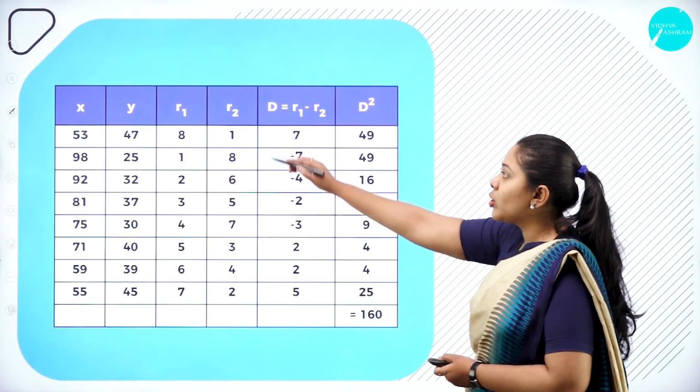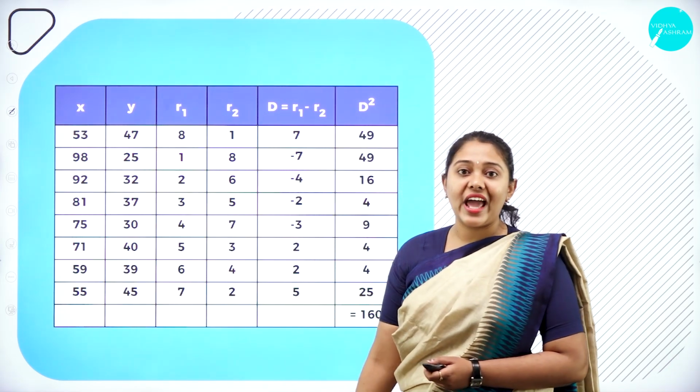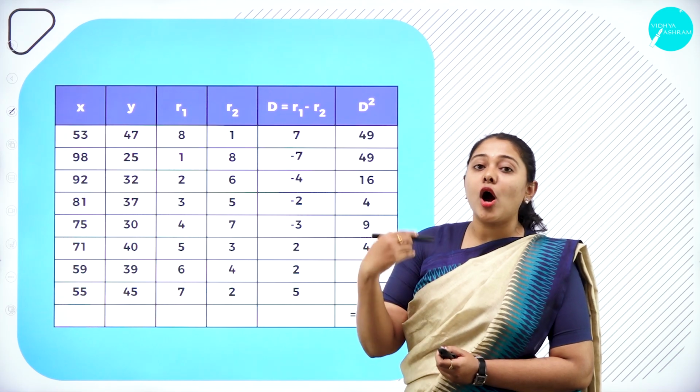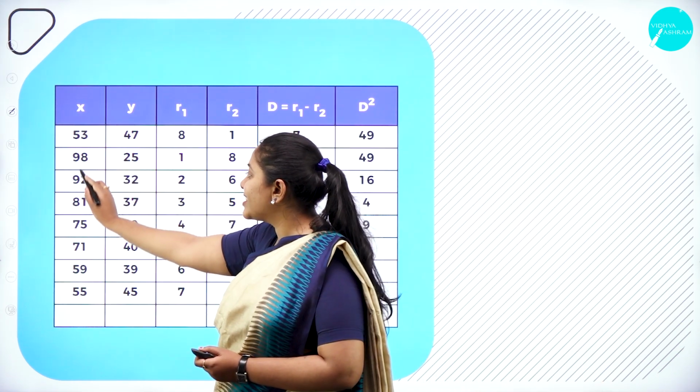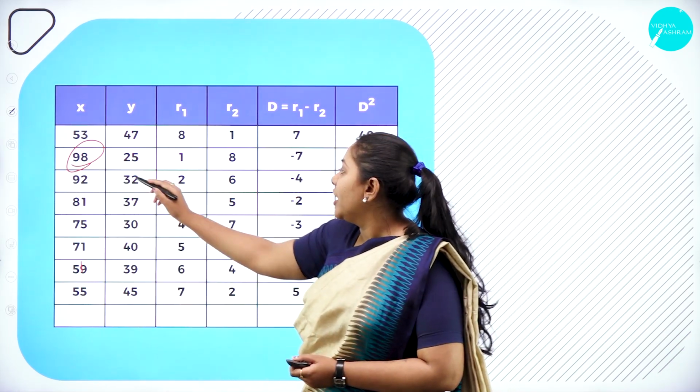Moving forward, let us write in columns: X column, Y column, and rank. How to rank the given set of data? The highest number in the series gets rank 1. The highest number in this X series is 98. The second highest is 92.